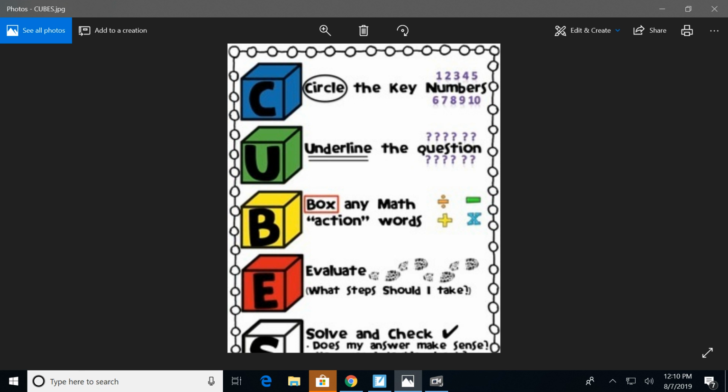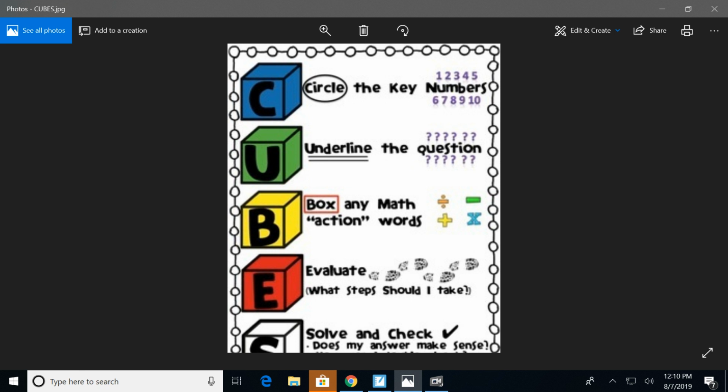All right, so I'm going to read it again. You are going to follow along with me. And then you are going to do the C, U, and B of CUBES. It's part of understanding a word problem. As I read, you're going to be looking for those things that you have to do for C, U, and B. An ostrich that is 108 inches tall is 20 inches taller than 4 times the height of a kiwi.